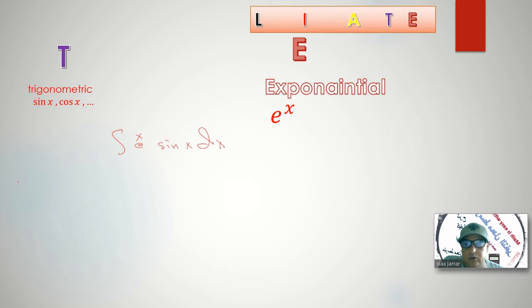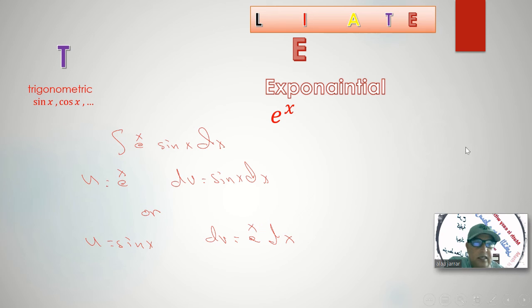Here you can use u as e to the x and dv as sine x dx, or you can use u as sine x and dv as e to the x dx, because in the list T and E are in the same group, in the same order. This is the first thing that we learn in this lecture.